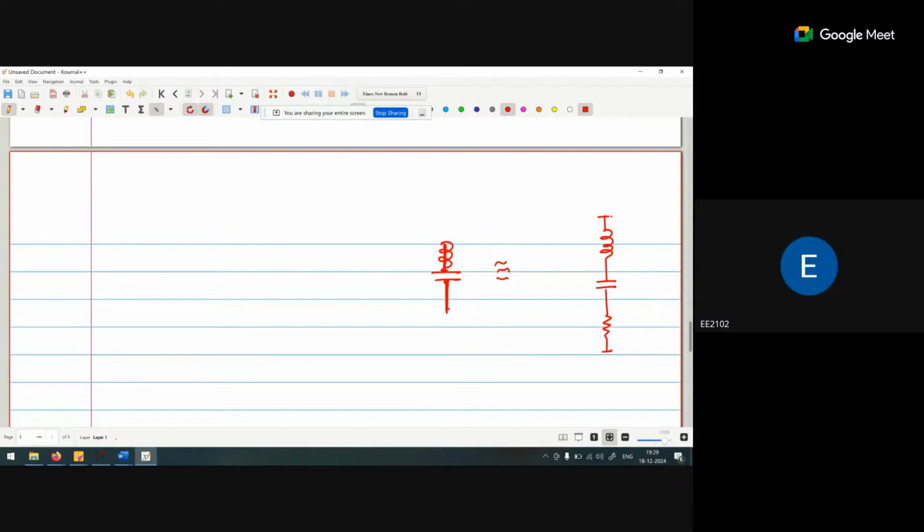Now, when the Z value is minimum, what is Z? What is the Z equivalent?